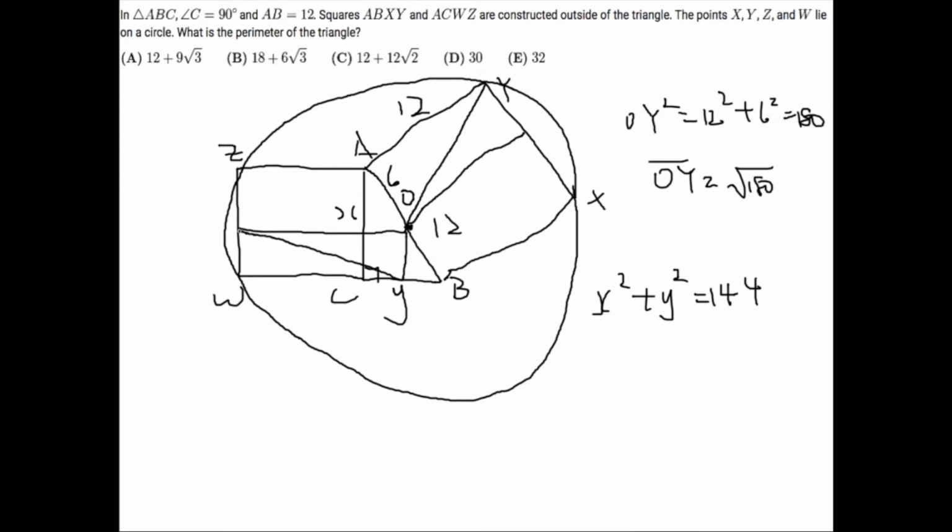So this triangle right here has side lengths (x plus y) over 2, x over 2, and the square root of 180. And by using the Pythagorean theorem, we find that ((x plus y) over 2) squared plus (y over 2) squared equals the square root of 180 squared, which is just 180.